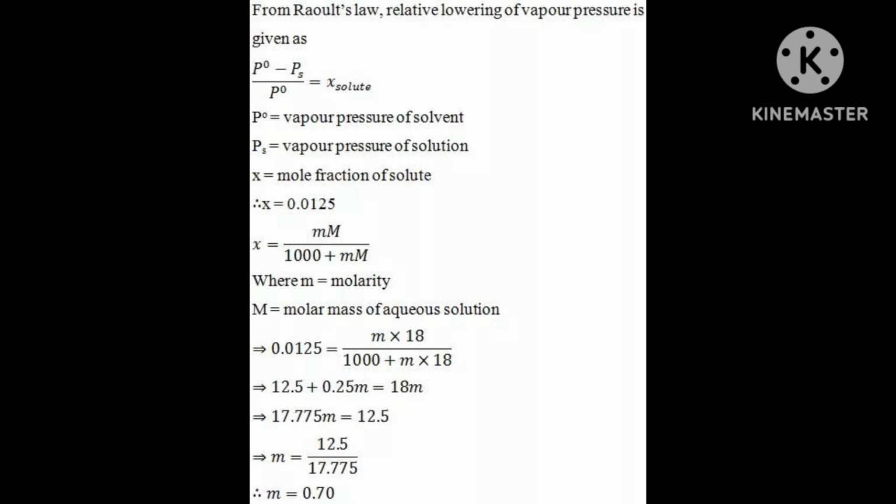non-electrolyte solid, being 0.5 gram, means the solute weight W2 is given, 0.5 gram, is added when added in 39 gram of benzene, meaning the solvent weight W1 is 39 gram.